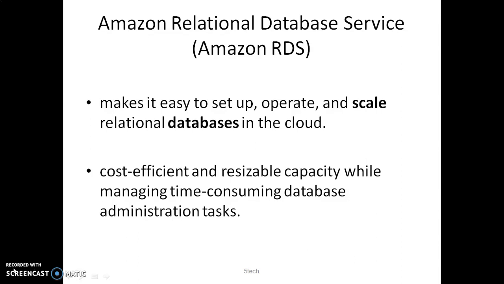It all happens automatically, with the parameters that you set, and that is all taken care of by the Amazon automated system. The next part about RDS is it's cost efficient and resizable, the one which I explained a while ago. Resizable capacity while managing time consuming database administration tasks. So this is about RDS.